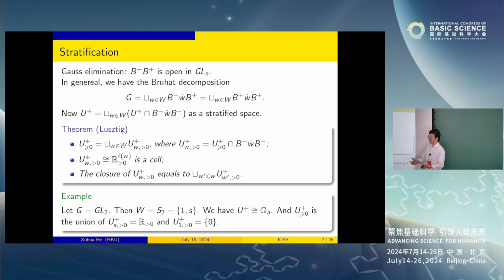So it consists of two cells, the positive numbers and 0. The R positive is a one-dimensional cell, and 0 is just a 0-dimensional cell. And for the closure relation, you take the closure of this. This one corresponds to s, and this one corresponds to 1. And this is consistent with the Bruhat order.